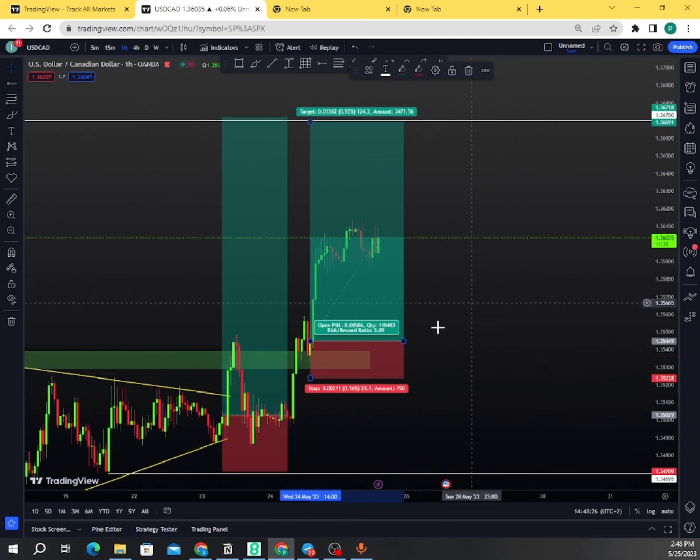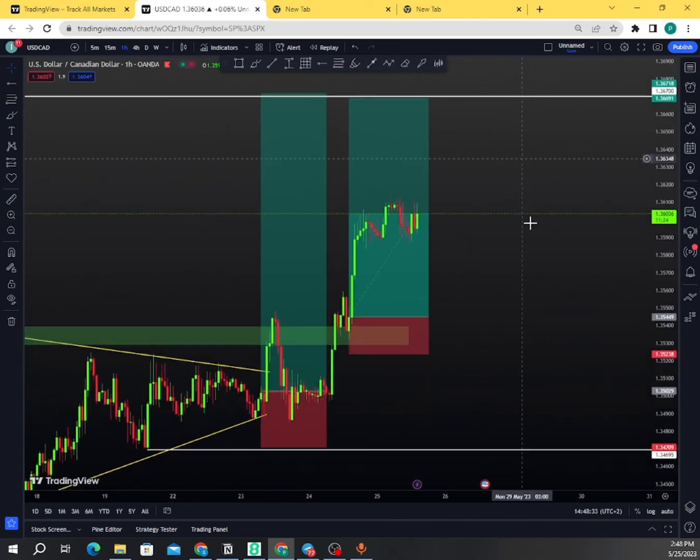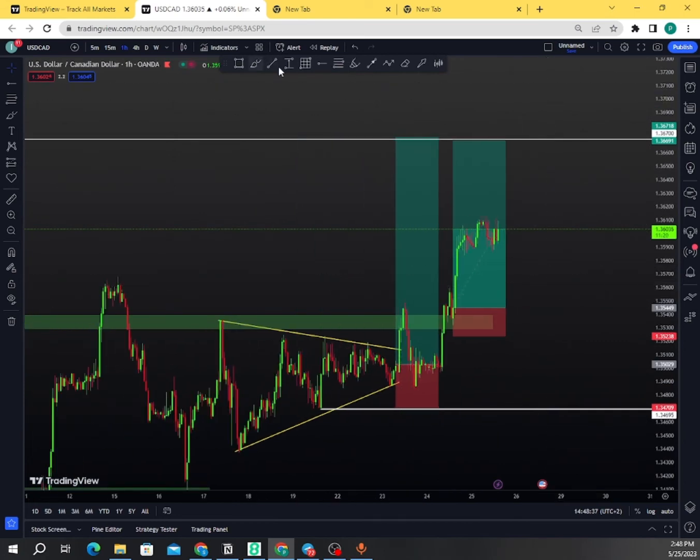Right? So now, since price is moving in my anticipated direction, I'm waiting for price to at least come to this level here.